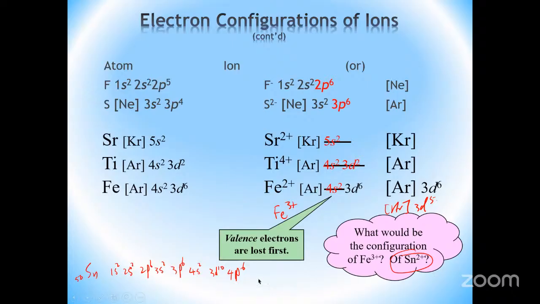Okay, so far I have 36. So what's the next subshell after 4p6? What comes after 4p? Anybody over there in Zoom?